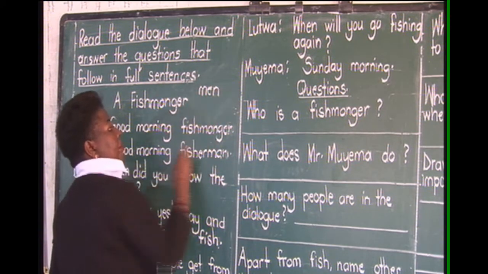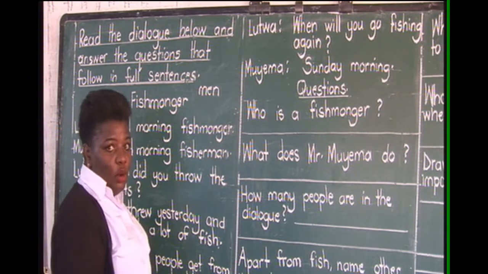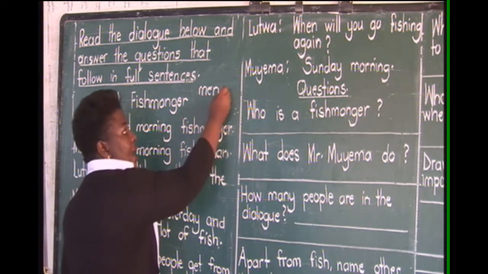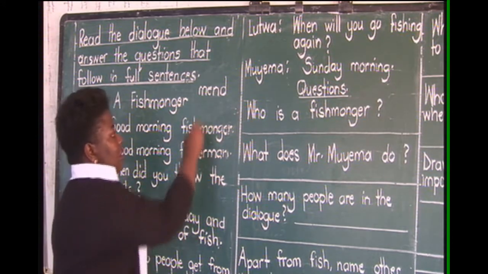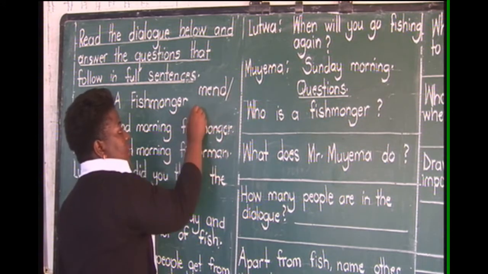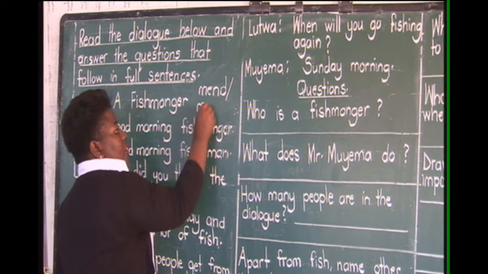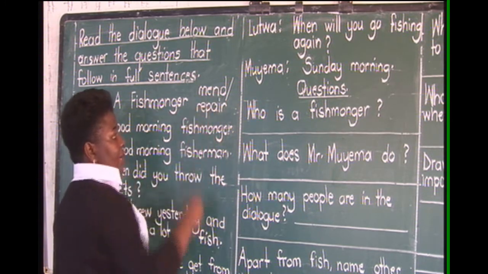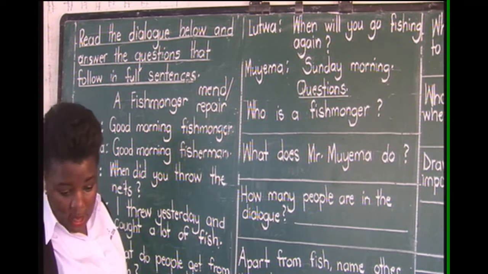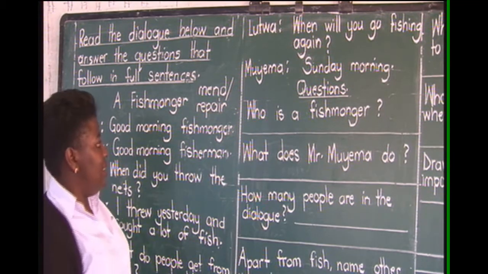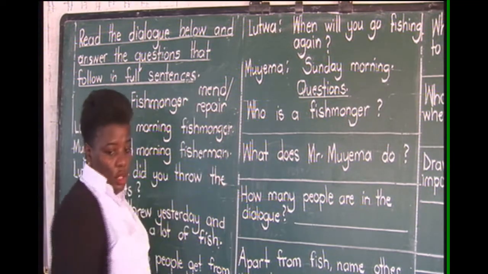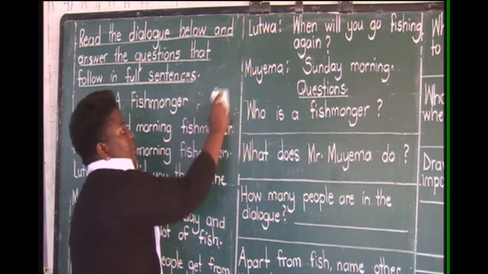In the word mend, there's a small word mend. So if you don't use mend, you can use the word repair. So a cobbler is a person that mends shoes or repairs shoes.